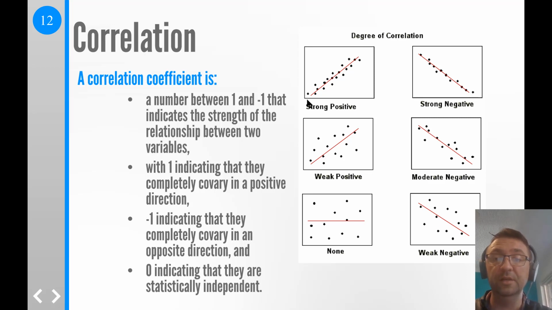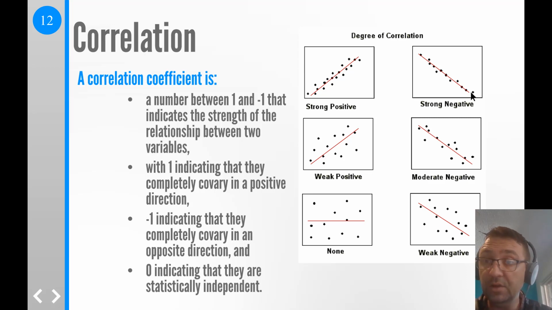If we had electorates here, with the number of wealthy people along the bottom, and the proportion swinging to Labor, we'd have a positive correlation.